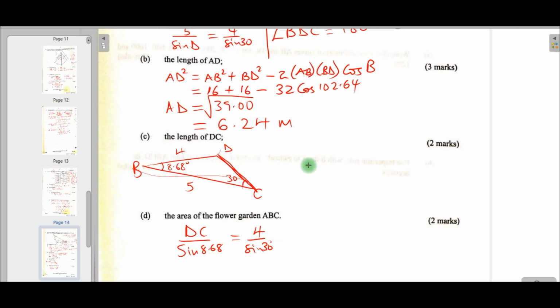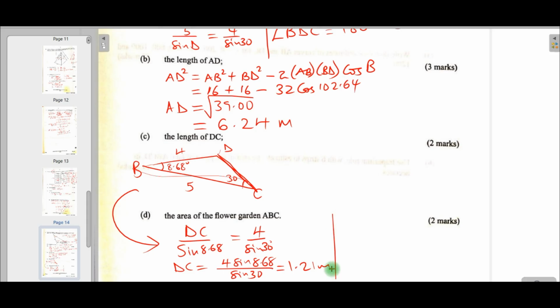And therefore, DC will be equal to 4 sine 8.68 over sine 30. And if we work it out to 2 decimal places, we shall get 1.21 meters.